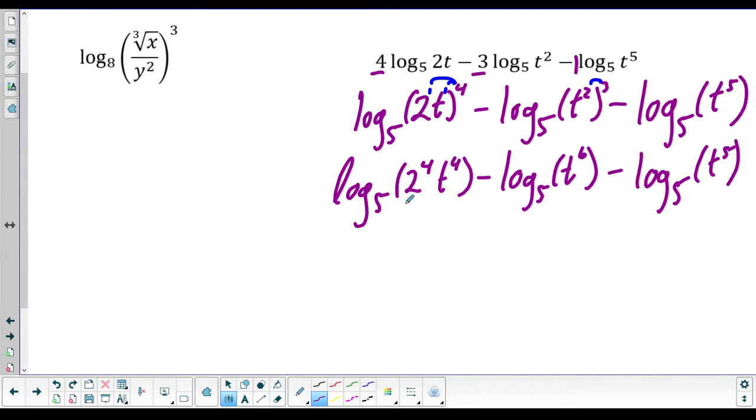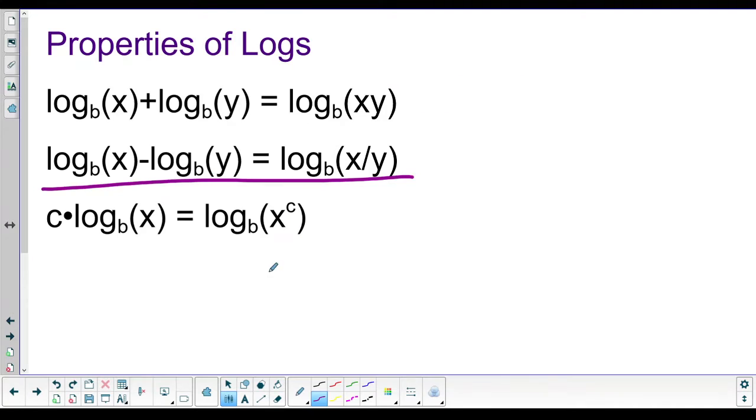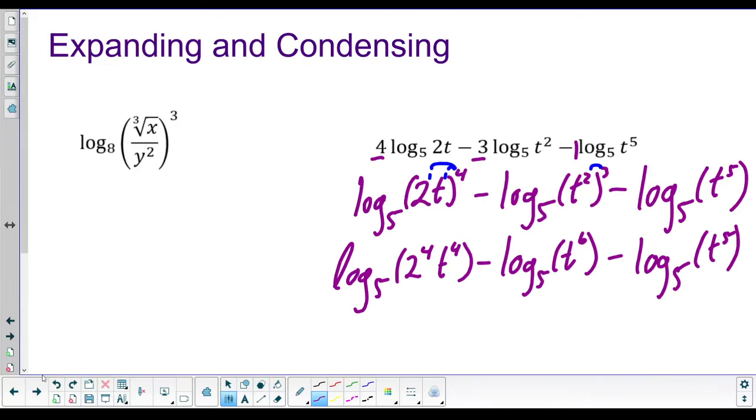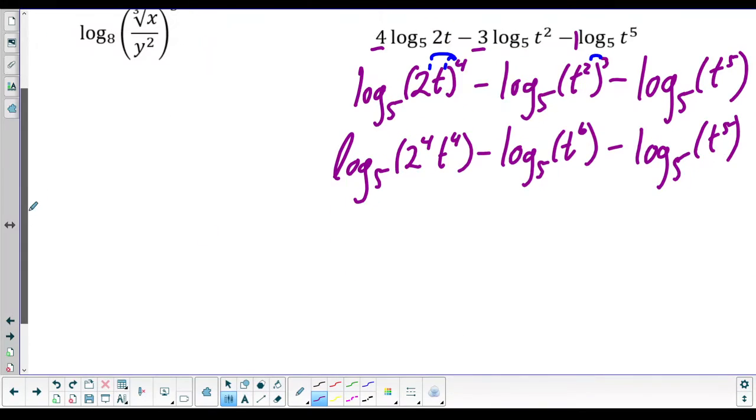So what we want to do now, we don't have any more coefficients, but we have some logs being subtracted. So we're going to use our quotient property to condense them into a single log where the arguments are multiplying and dividing. Because this logarithm is positive, it doesn't have a sign, so it's an implied positive, its argument is going to go on the top.